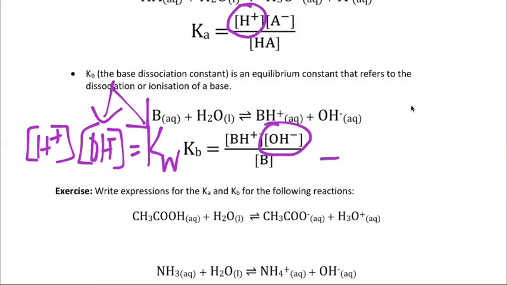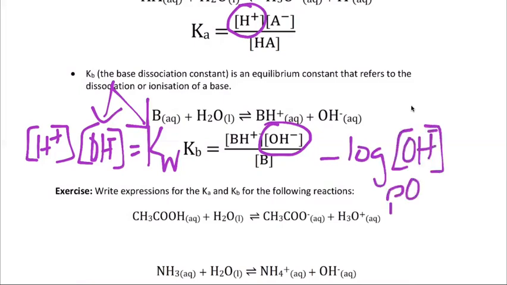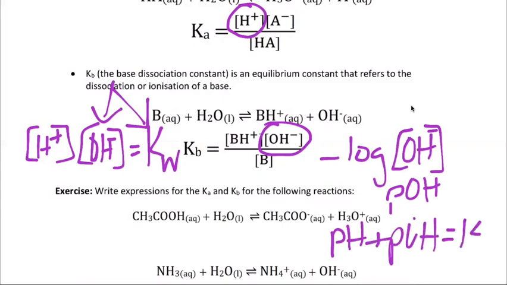Or you can do negative log of that hydroxide ion, and that'll give you pOH. And then you know that pH plus pOH equals 14, so you can just subtract it from 14. So there's a couple different ways you can do it, but you always start by solving for the hydroxide ion concentration and then using one of these two methods.